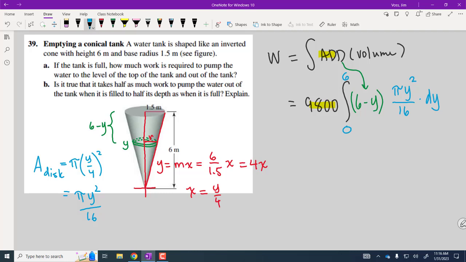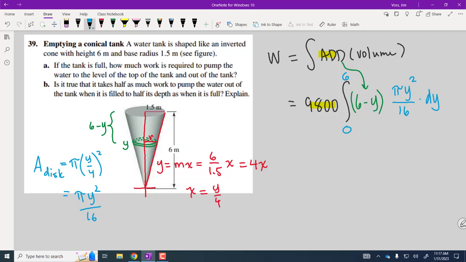Now, suppose we had a 2-meter pipe up here and we were going to pump it out 2 meters above the tank. And let's suppose the water is still filled 0 to 6, but we have an extra 2 meters of pipe. What is going to change? 8 minus y. The only thing that would change is the distance traveled.